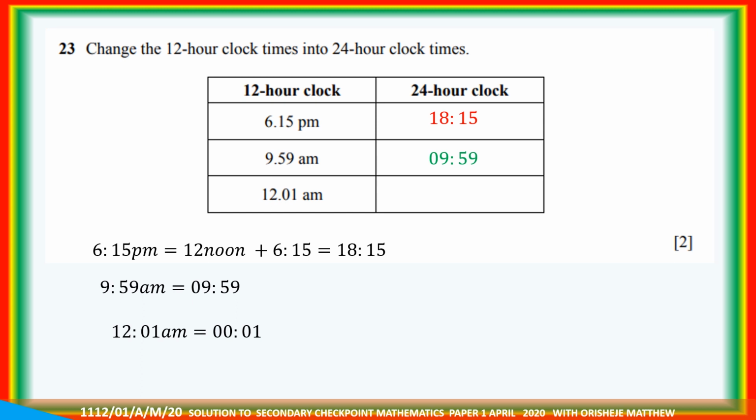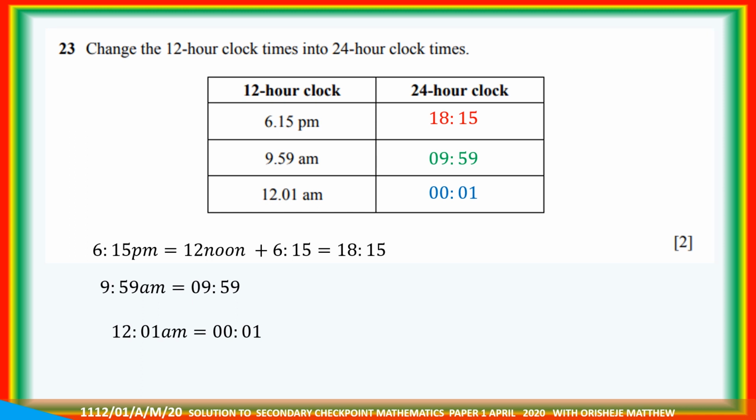Then 1 minute past 12 AM, that is after midnight. Midnight is the end of the day, so after midnight the day is just starting. So it's going to be 00:01, just 1 minute into the 24 hours.